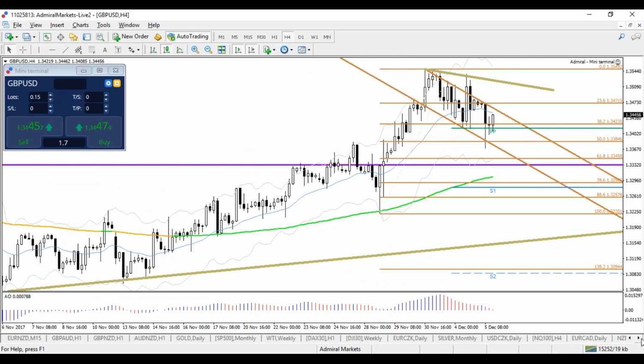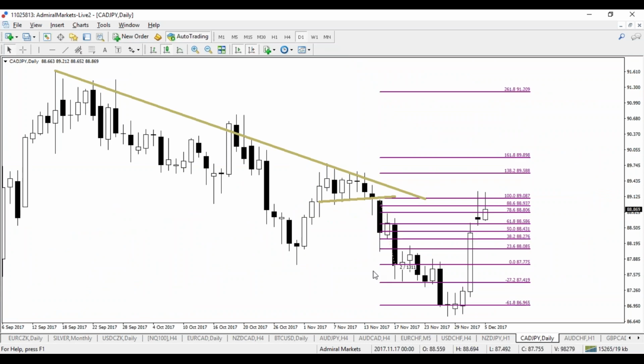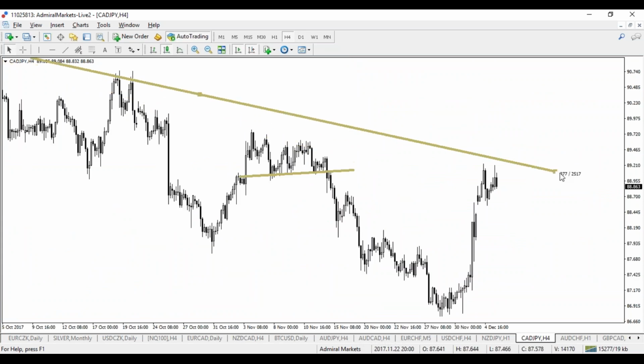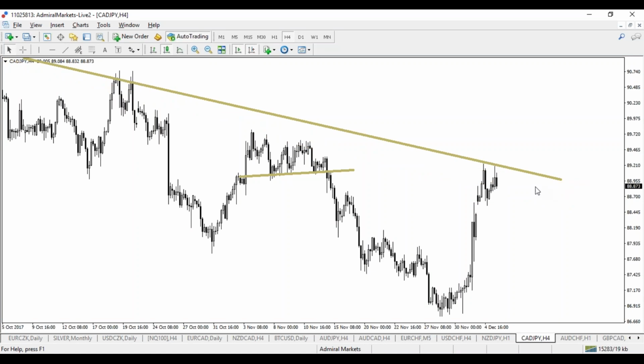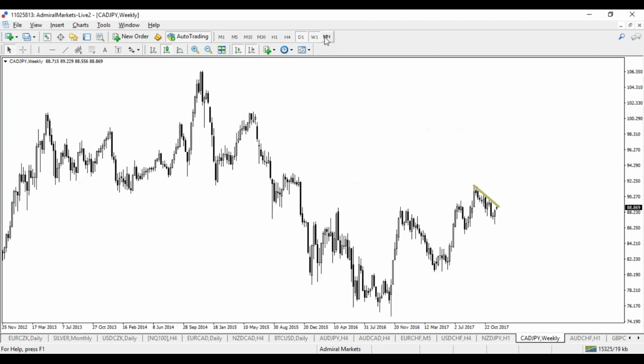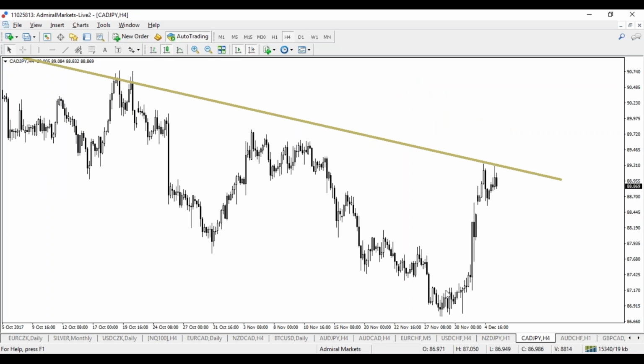Let's take a look. At resistance. Definitely strong momentum to the upside, but it is a little bit at a resistance zone.